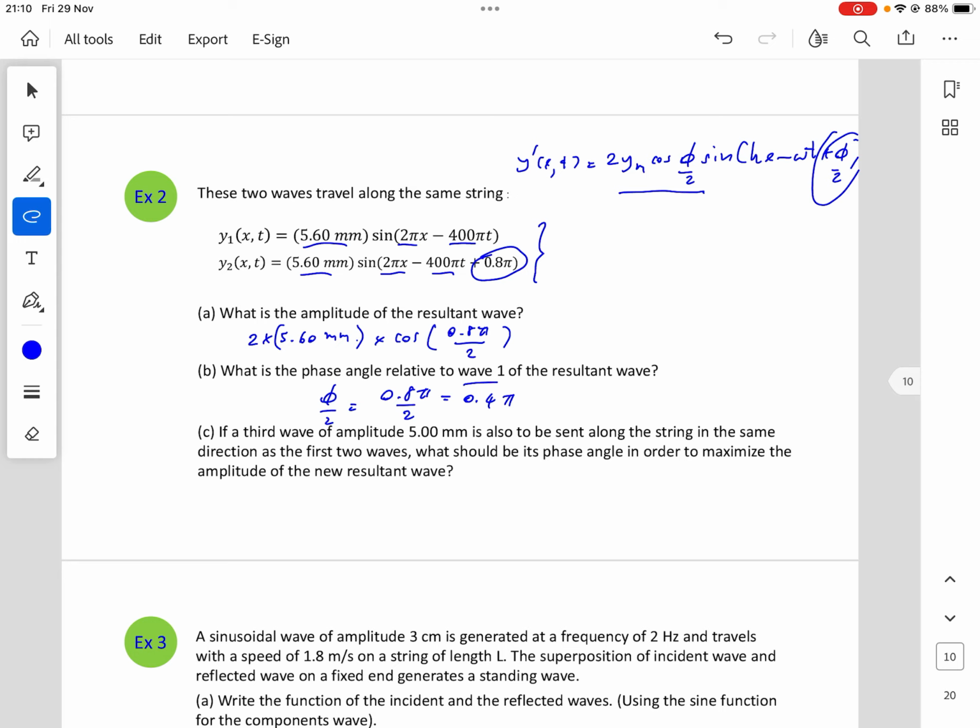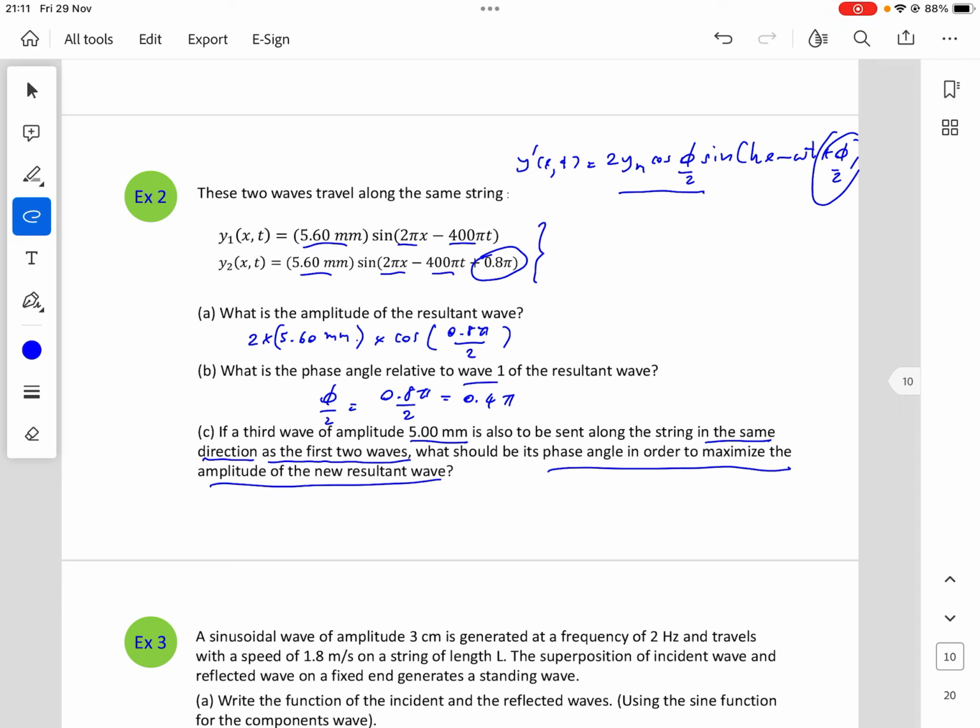Okay, if a third wave of amplitude 5 millimeter is also sent along the string in the same direction as the first two, what should be its phase angle in order to maximize the amplitude of the new resultant wave?